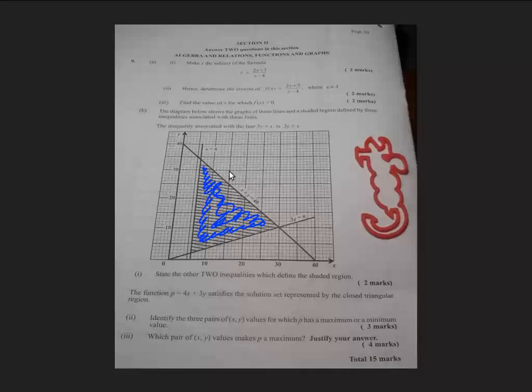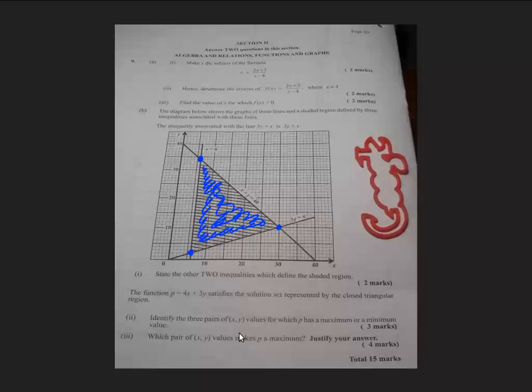So this is our feasibility region. The vertices of the feasibility region, in this case, are this point, this point, and this point. And so the maximum or minimum value would lie on one of these points.